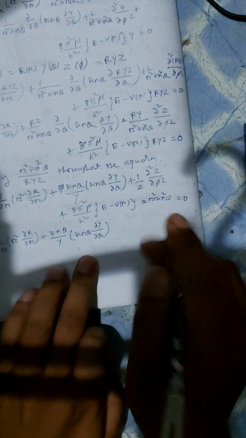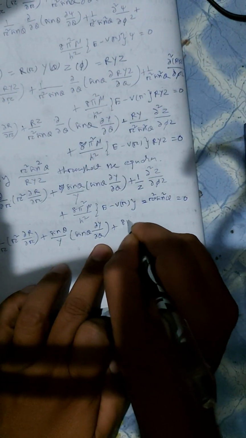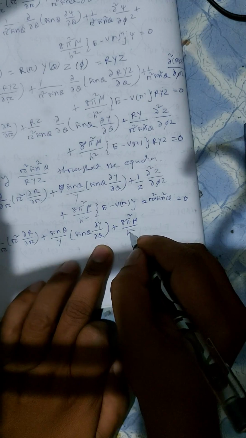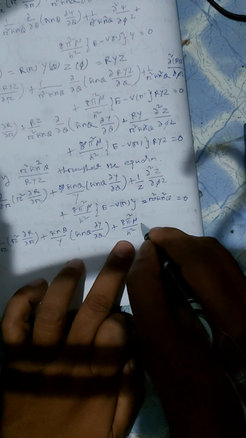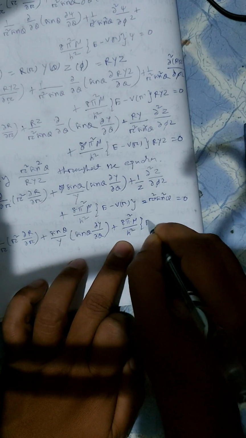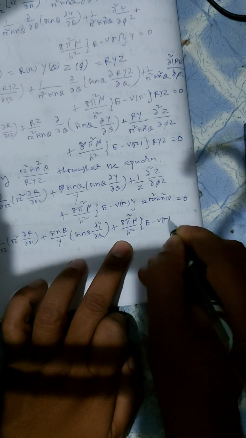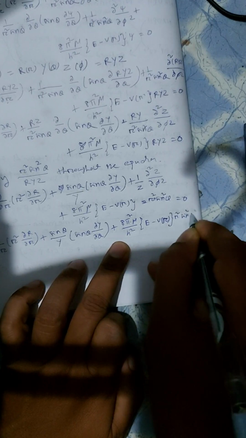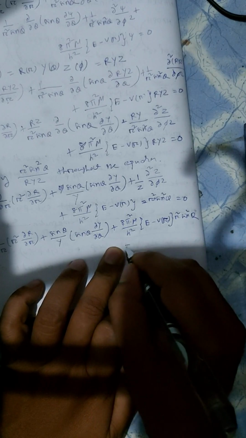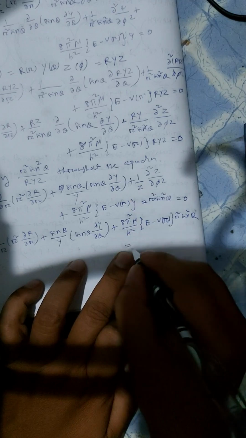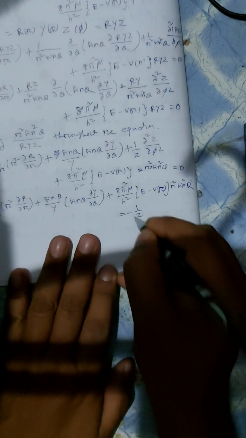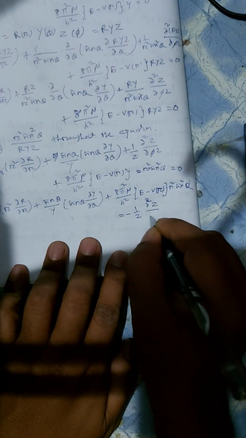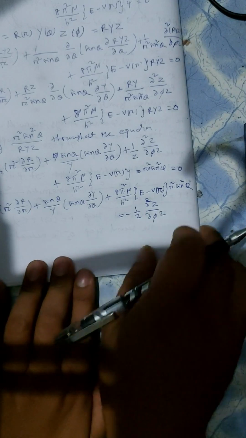Take Z to the other side, so I write 8π²μ/h² bracket (E minus V(r)) r square sin square theta is equal to, on this side minus will come, minus 1 by Z ∂²Z/∂φ².